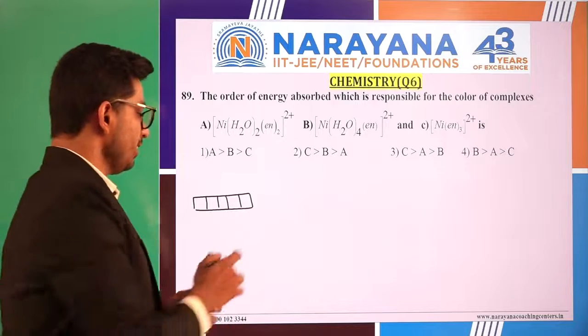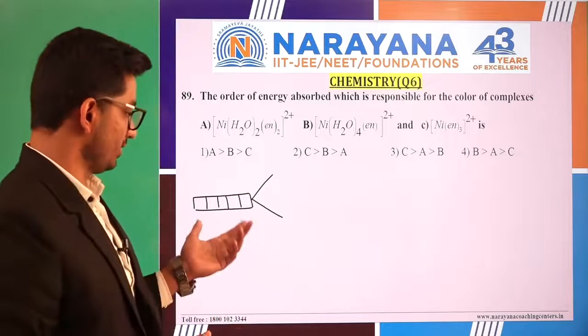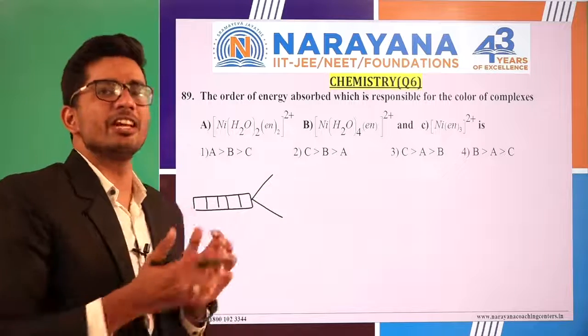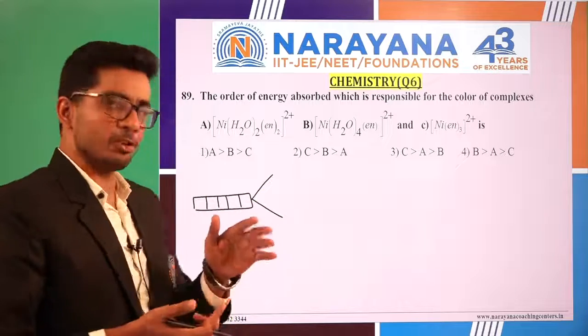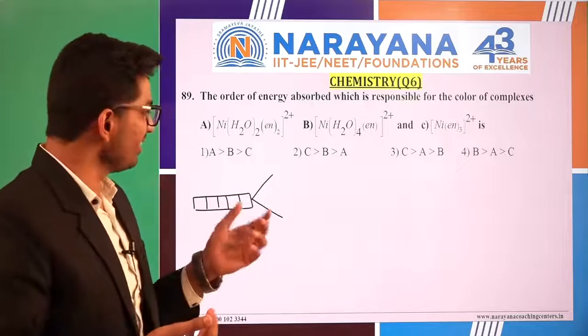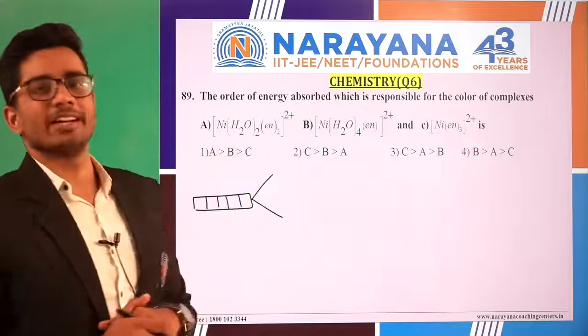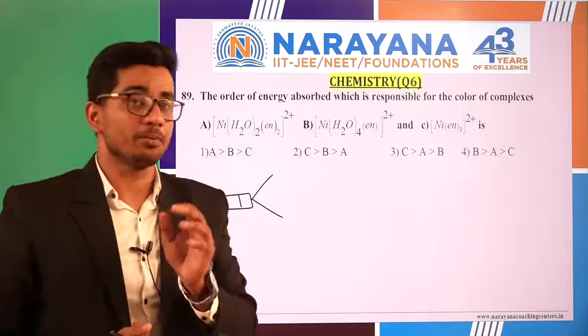They basically split into different energy levels. One goes down, the energy of one gets lower and the one gets higher. So basically here for the octahedral complexes, as we can see, all are octahedral complexes having coordination number 6.